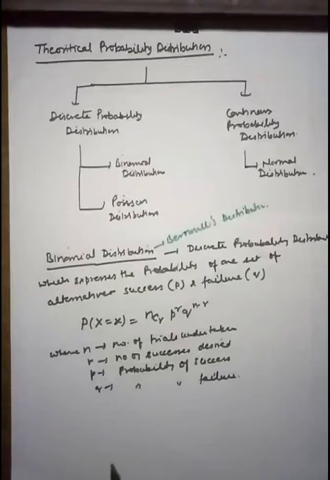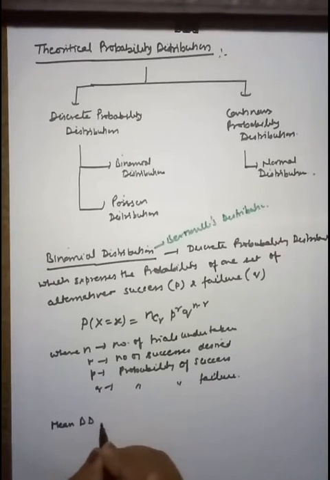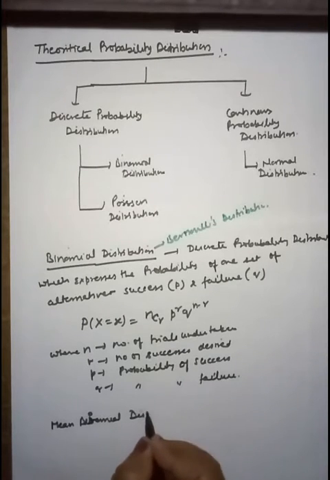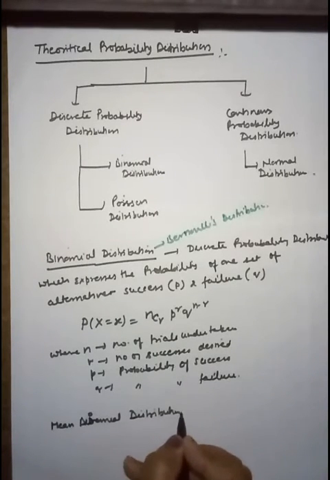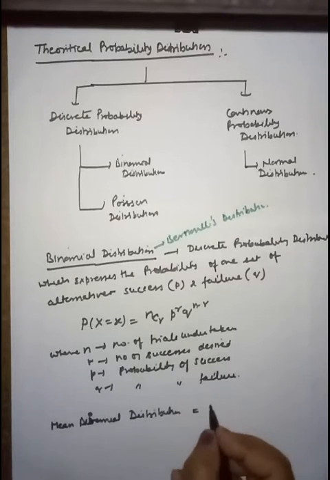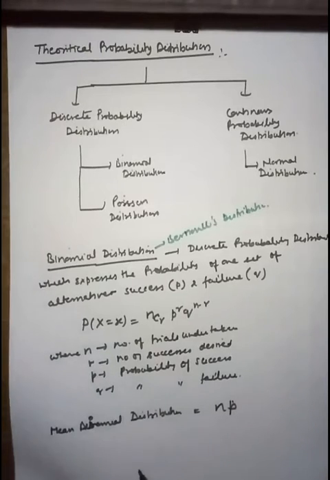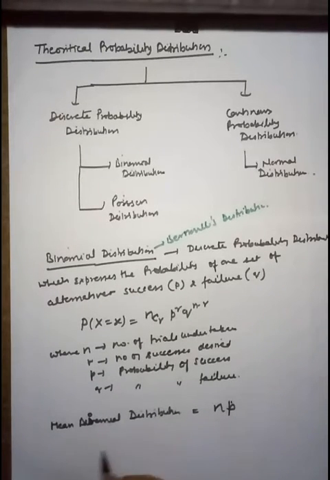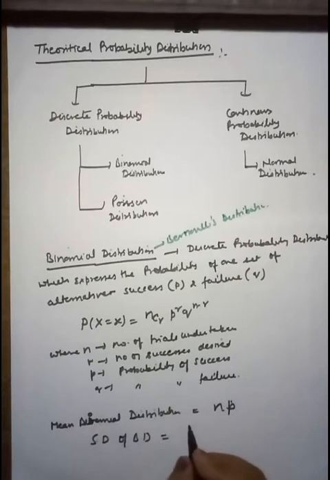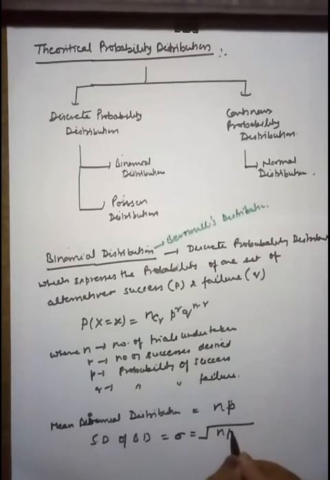Right, friends? And the mean of the binomial distribution is np. The standard deviation of the binomial distribution, shown by sigma, is square root of npq.